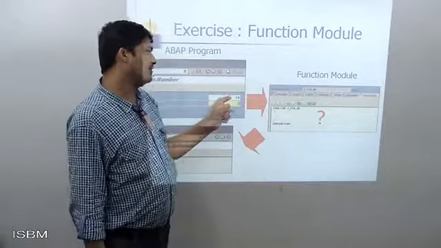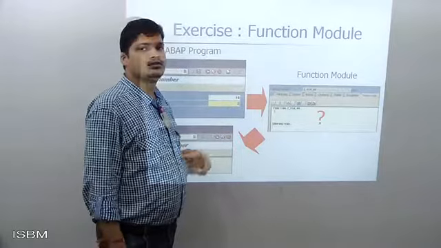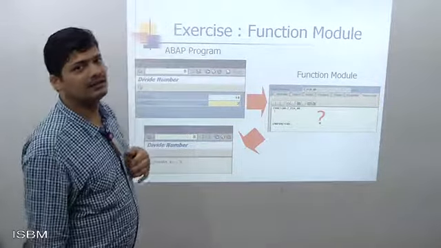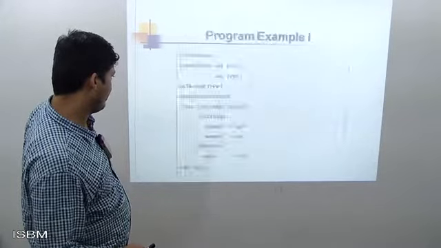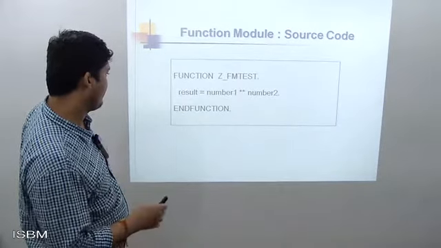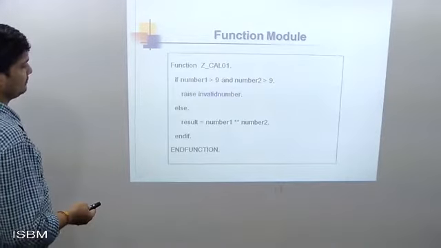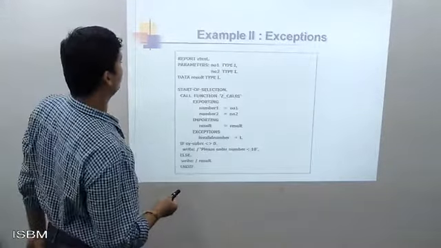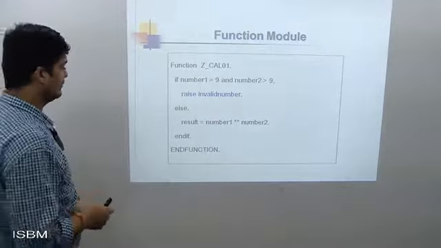But I have taken that if the number is greater than 9, which is 10, and here is also 10, so it shows raise an error, the number is invalid. So it is raising invalid number. It's clear, it's very easy to understand.